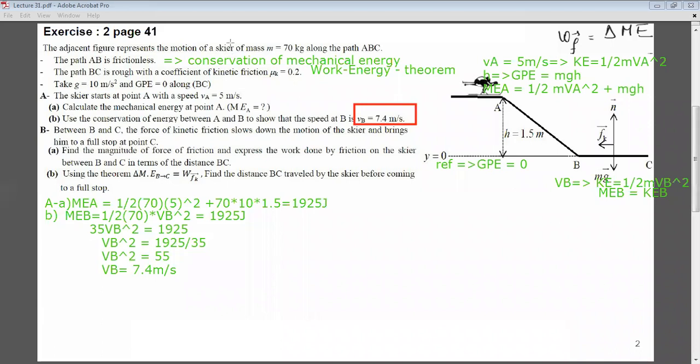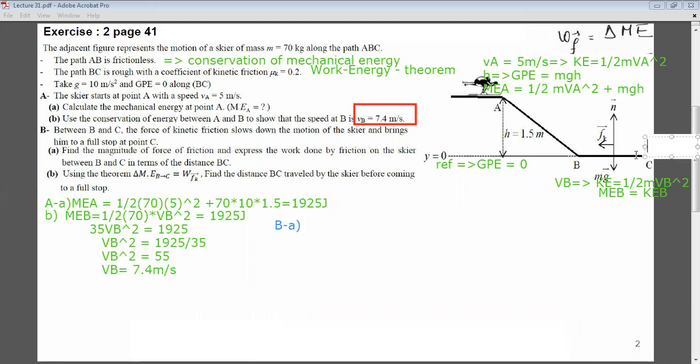Part B. So what's happening at B? Okay, let's do it here. Let's change the color just to see the difference. So part B. Now, between B and C, the force of kinetic friction slows down the motion of the sphere and brings it to a full stop at C. So what's happening here at C?